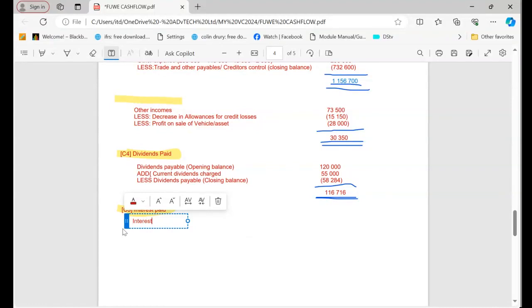But remember, these questions can change. You'll find that the next time there is interest. Sometimes they don't say interest payable, they can say accrued interest. It's the same thing. Can you see now? So this means you will have to check the one. I can just say opening balance. Can you see now?